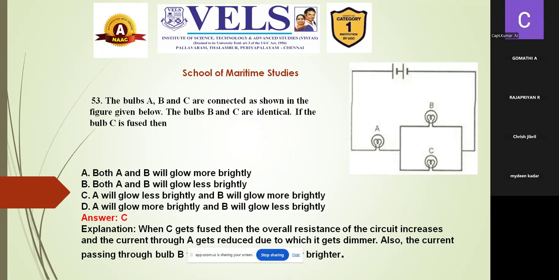Also, the current passing through bulb B increases, so B glows more brightly. So the answer is that bulb A will glow less brightly and B will glow more brightly, because when bulb C is fused, the overall resistance of the circuit increases and the current in A is reduced.